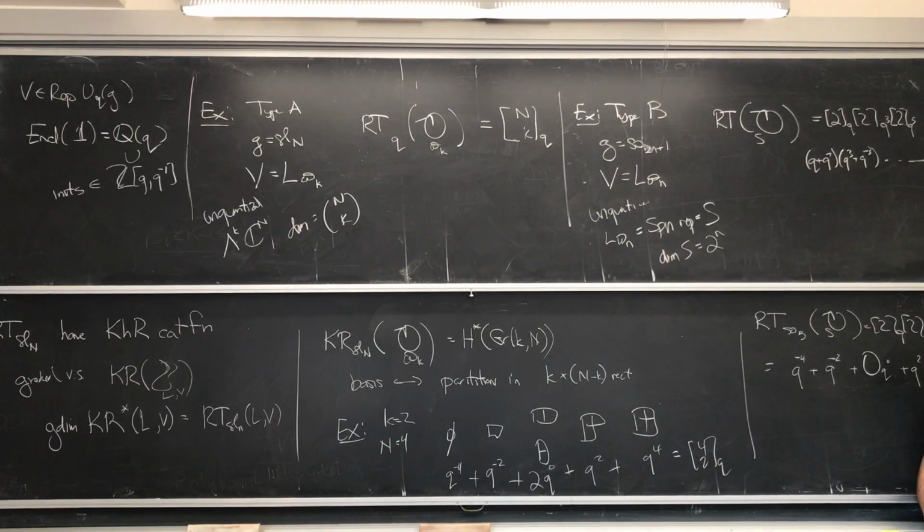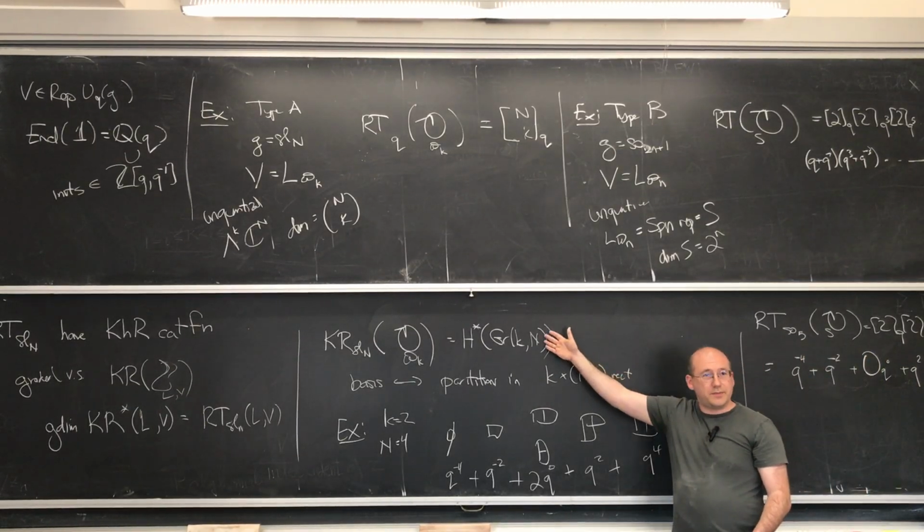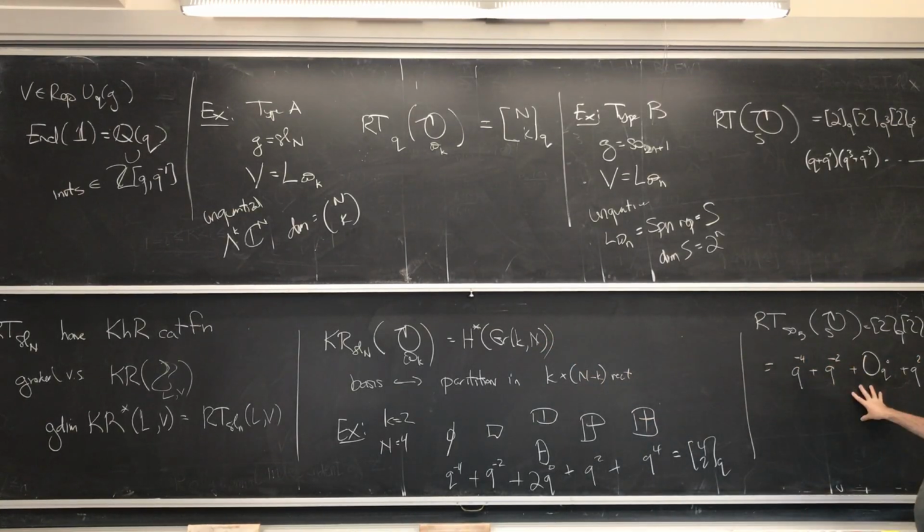So you should not expect this to be categorified in a similar way to Khovanov-Rozansky, where you end up with a nice cohomology of a space. However, I've actually already given you the categorification of this, and it's already on the board.